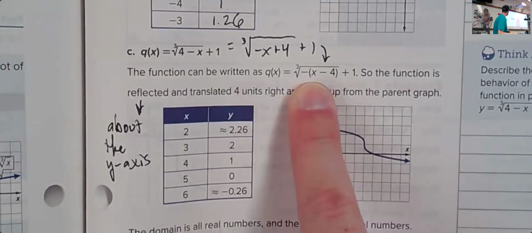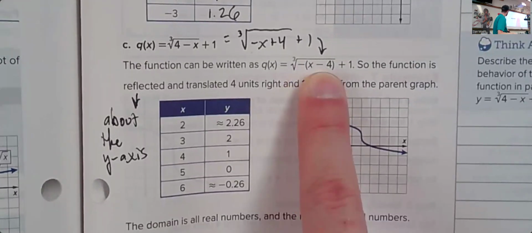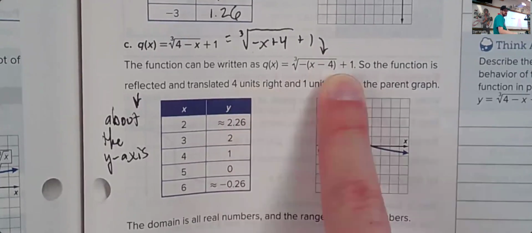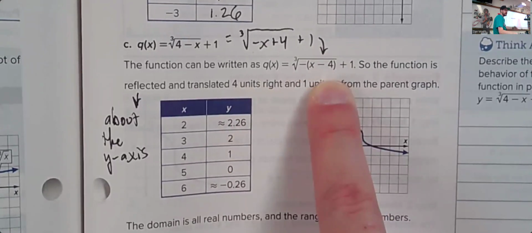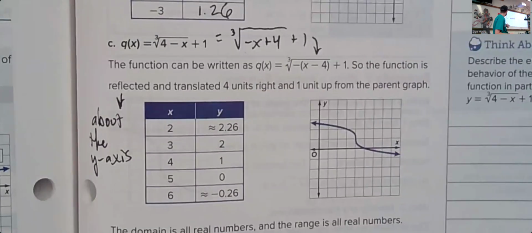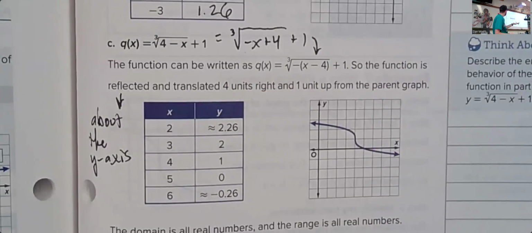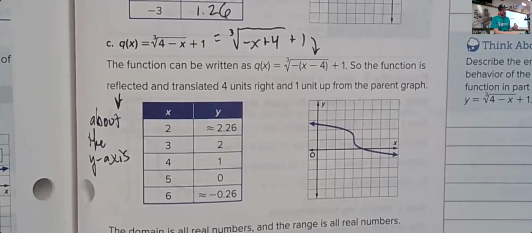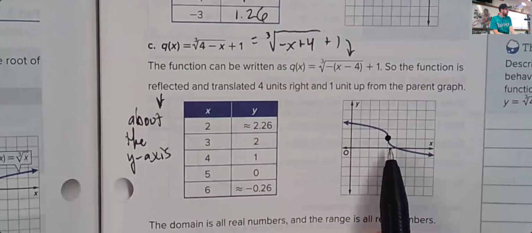So we've got the opposite of x minus 4, which means it's been translated 4 units to the right because h is positive, because the minus is part of the function altogether. And then plus 1 means it's been moved 1 unit up. So it's a y-axis reflection, 4 units to the right, 1 unit up. Which gives us, right here, our point of rotational symmetry.